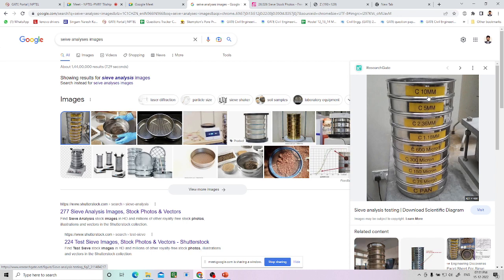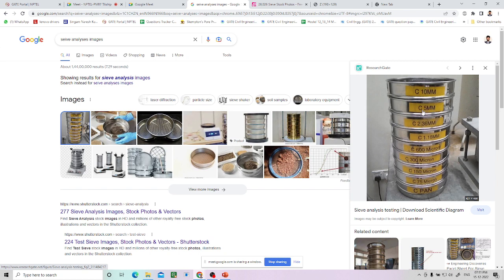If you put soil here, what happens? The soil particles which are finer than the sieve size will enter, and the remaining will be retained there itself.